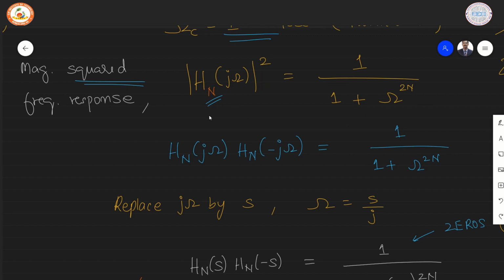Hence, the expression for the magnitude squared frequency response is denoted as |Hn(jω)|² equals 1 by 1 plus omega to the power of 2n. Now this could be expressed as Hn(jω) multiplied by Hn(−jω).